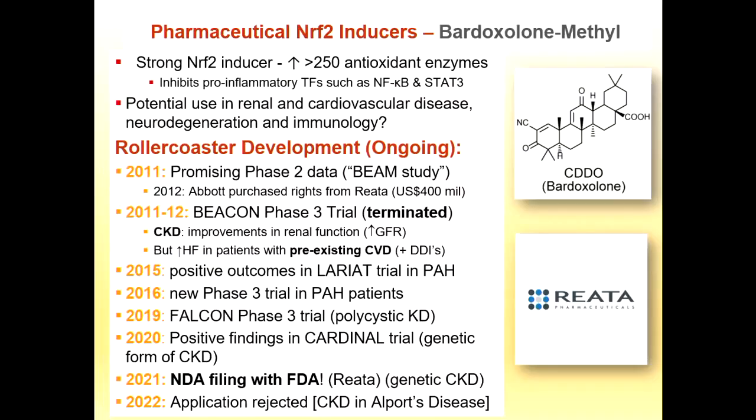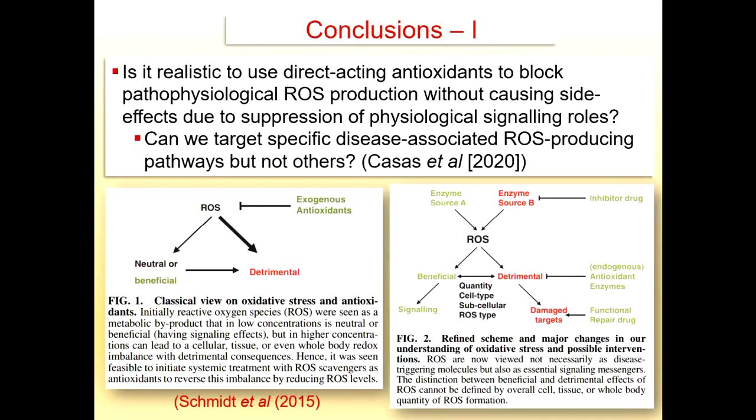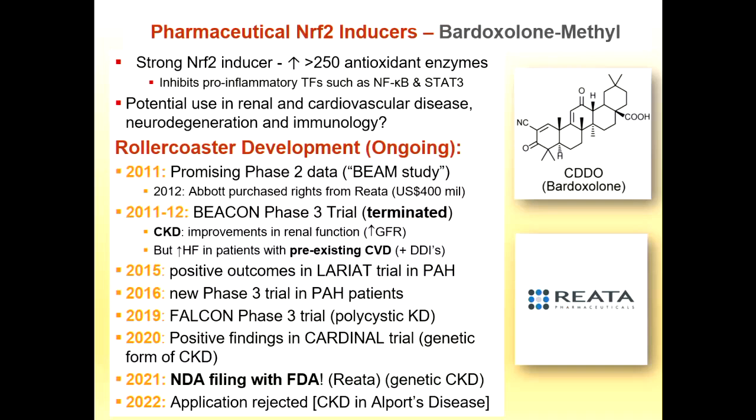Okay, and then also this molecule that we thought for a while was getting closer to the clinic but has been going through all sorts of ups and downs is bardoxolone, and bardoxolone has a really tortuous clinical history. Back in 2012, Abbott purchased this molecule from a small startup company for a whopping amount of $400 million at the time. That was a lot of money.